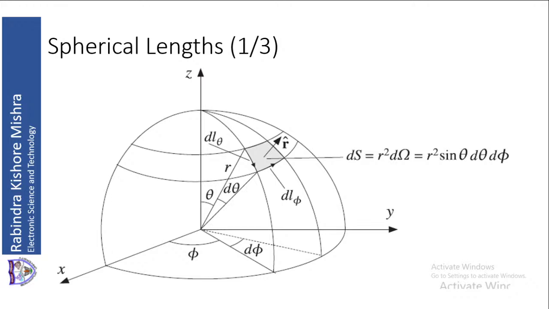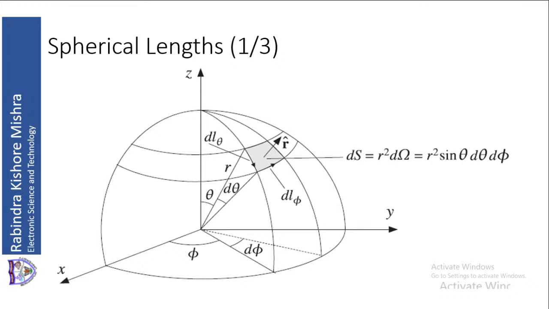And now consider a section of a sphere. We have the spherical coordinate system. We have drawn the spherical coordinate system with r, theta, phi. So the sphere is having a radius r. If we have a radius r, then extend r by an amount dr. Sorry, don't extend r.